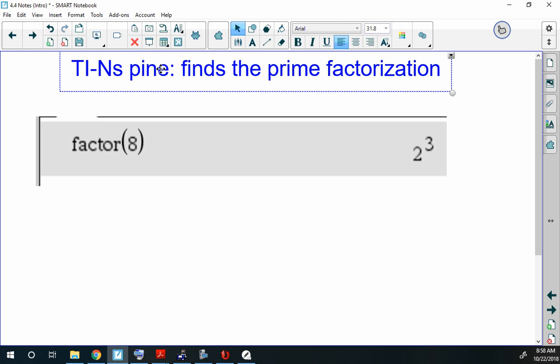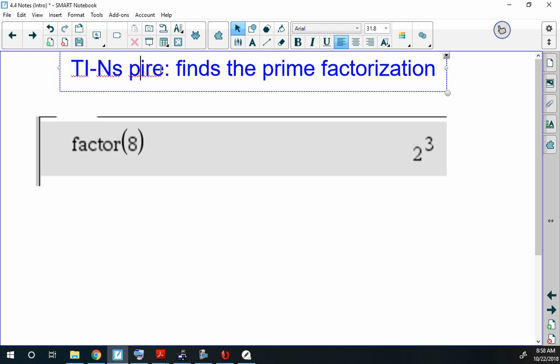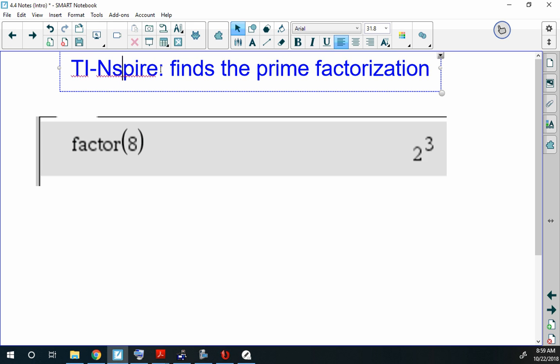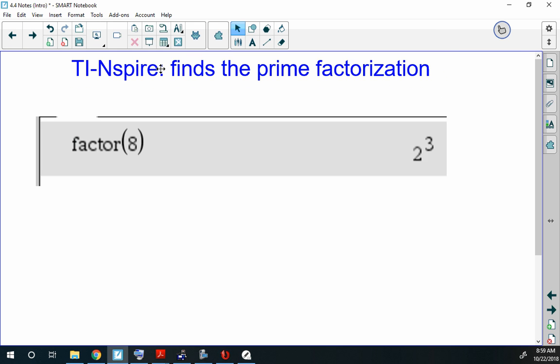See if we can fix that. The TI Inspire finds the prime factorization, which is good. Nothing wrong with finding the prime factorization. That's handy to find some things, but it's not handy as far as factoring goes most of the time.